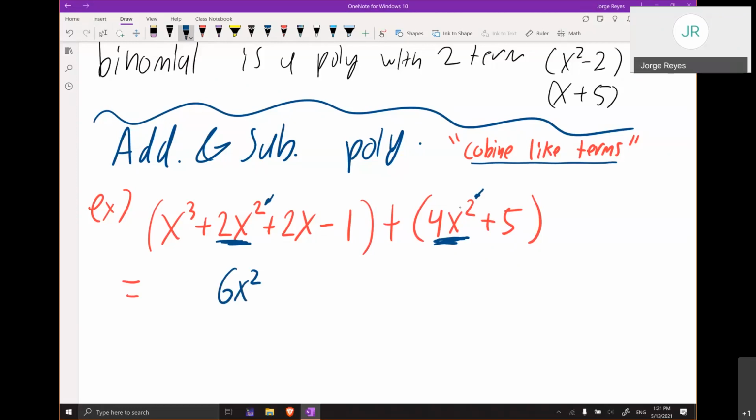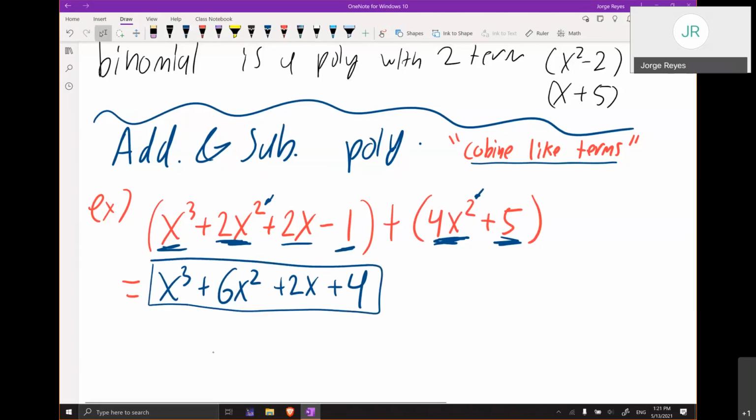Okay, and then if there are no like terms, like here I have an x cubed, this one doesn't have anything. So basically nothing happens. It just kind of falls down. Okay, here's a 2x, this one doesn't have anything. And then the constants are like terms. So -1 plus 5 is 4. And ta-da! This is the answer.